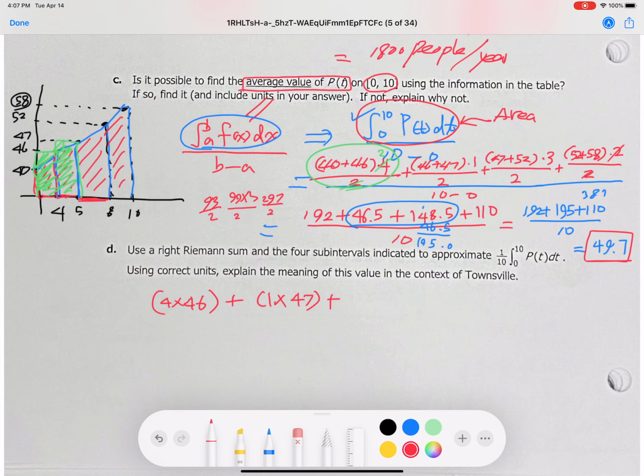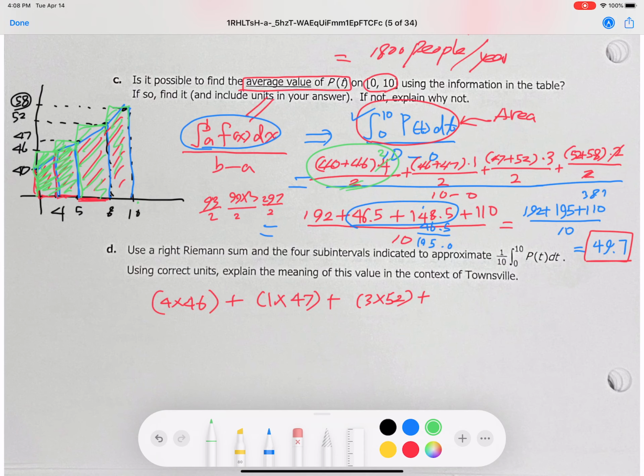Plus, the third one is these rectangles, right? Because I use the right side, 8 is the right endpoint. So between 8 and 5, 3, right? 3 times 52. For the last one I use 10, this rectangle's area.